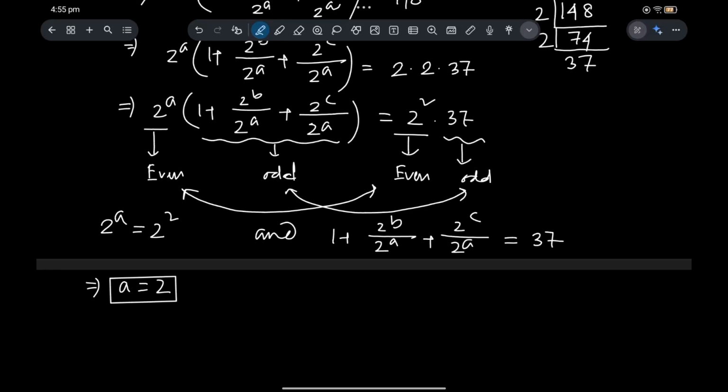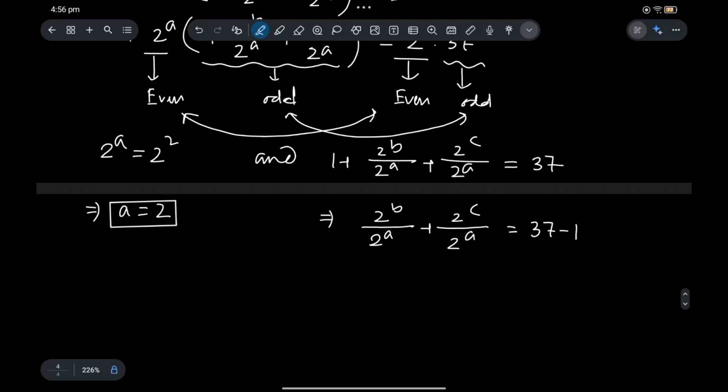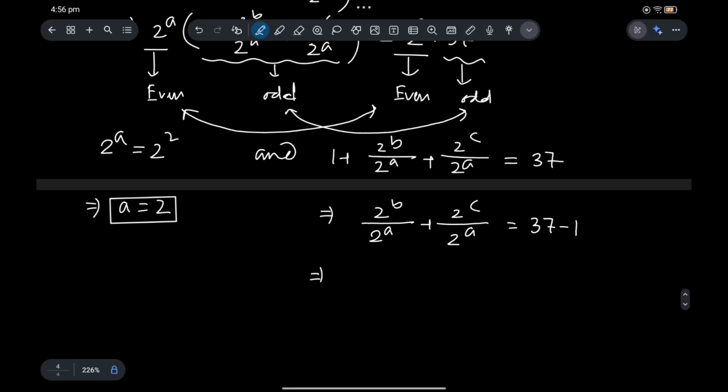Now from this side we can write 2 to the power b over 2 to the power a plus 2 to the power c over 2 to the power a equals 37 minus 1. That implies 2 to the power b by 2 to the power a plus 2 to the power c by 2 to the power a equals 36.